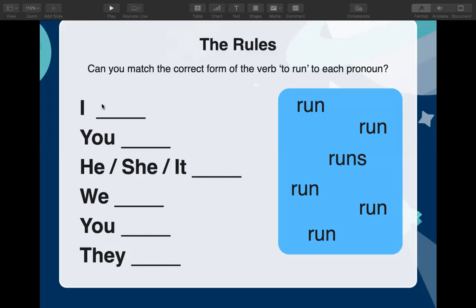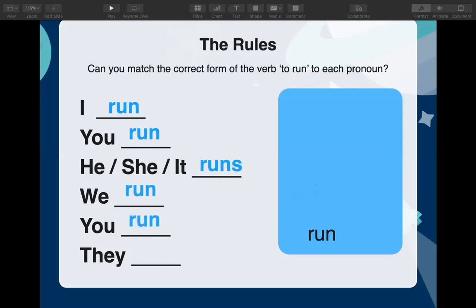For example, I run, you run, he, she, it runs, we, you, they run. Okay, now, what did you notice about the verbs? Yes, that the form of the verb changes depending on the subject.